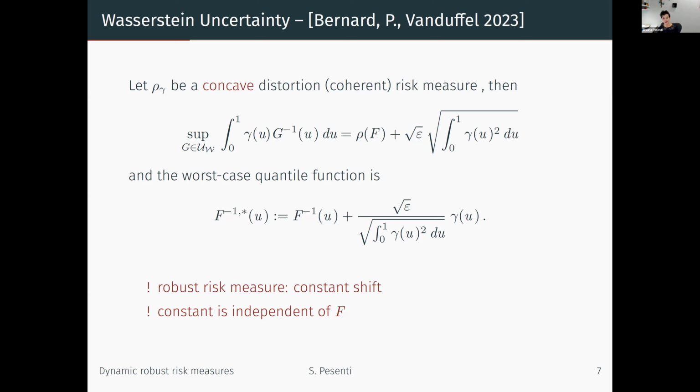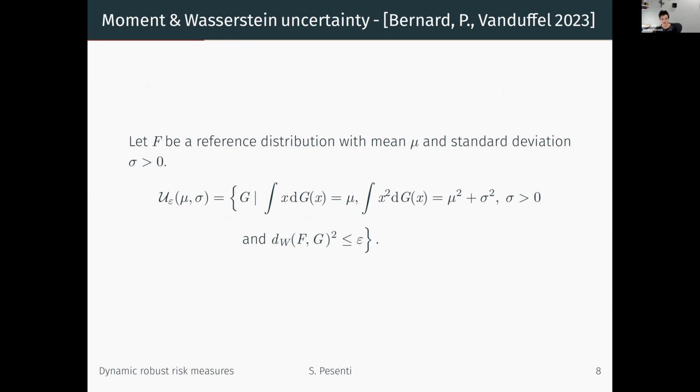So to make the worst case not only depend on the risk of your reference distribution plus a constant, what we were thinking was, how about we take the intersection of these two uncertainty sets. So we were looking at the following uncertainty set. We still have a reference distribution, but we assume we know the mean and the standard deviation of this reference distribution, denoted by mu and sigma.